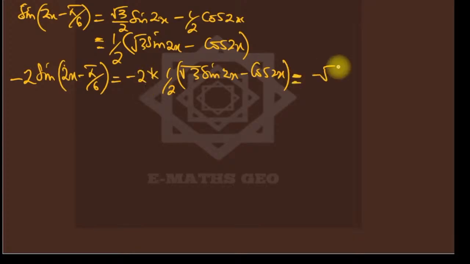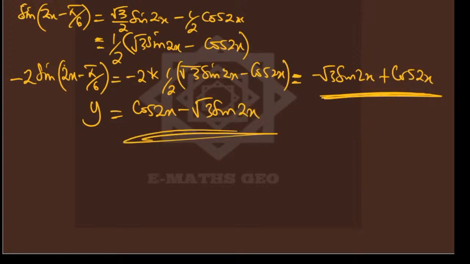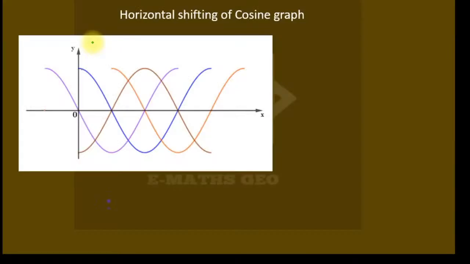So we have minus root 3 sine 2x plus cos 2x. So which of them is the answer? So that's the function. Y is equal to, maybe let's write, cos 2x minus root 3 sine 2x. Let's check which one is the answer on A.